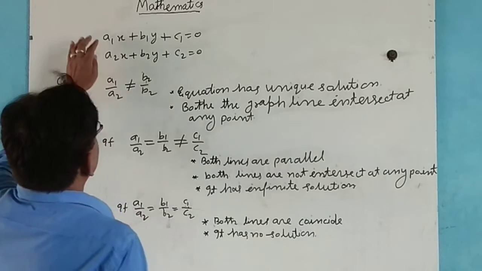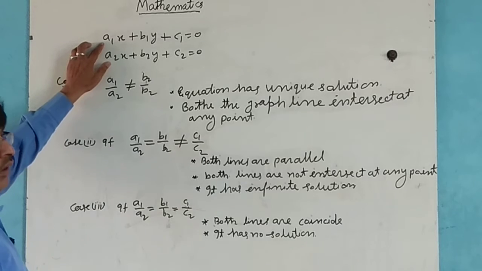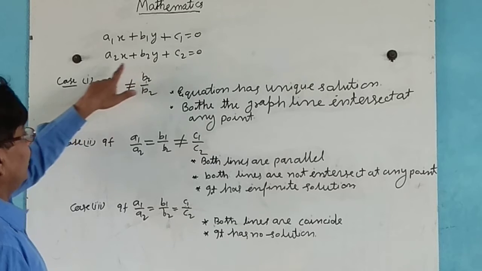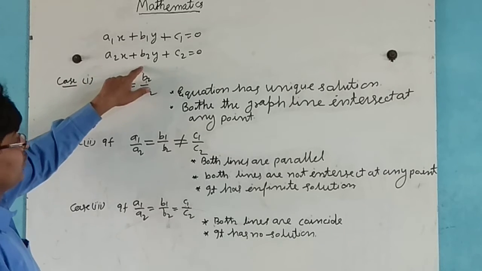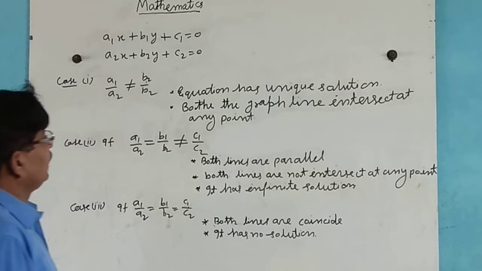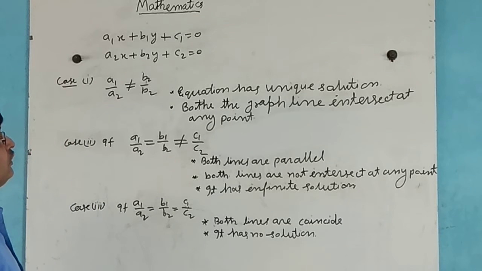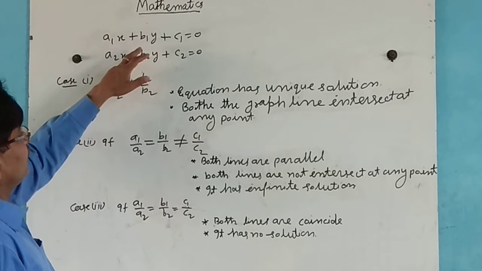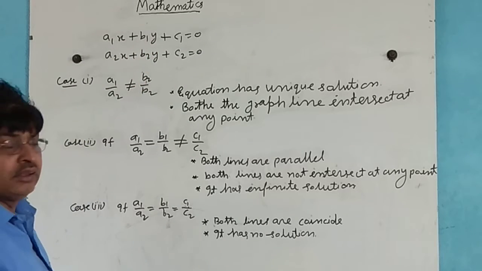Here a1x plus b1y plus c1 equal to 0 and a2x plus b2y plus c2 equal to 0. Simultaneous equations of two variables x and y, the rest are constant terms.